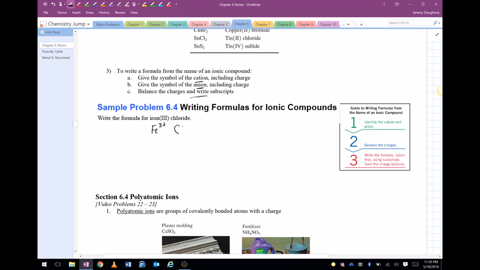Chloride, here's the ion for chloride, so I would suggest writing that down. Now what you'll see in the video problem is we suggest a drop and swap. So the 3, just the 3, comes over here, tells me how many chlorides I have. The 1, just the 1, comes over here and tells me how many Fe's I have.